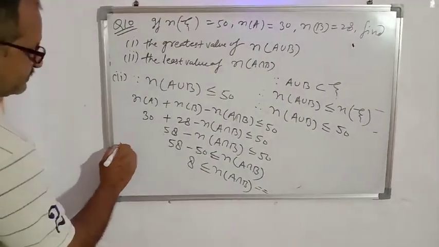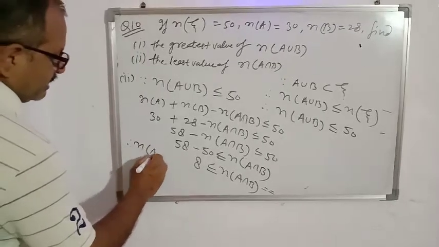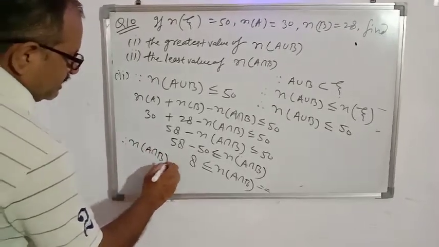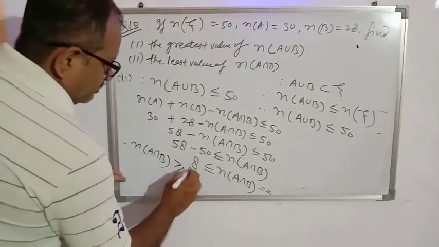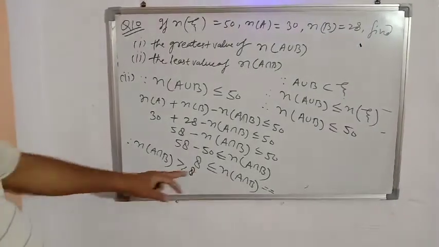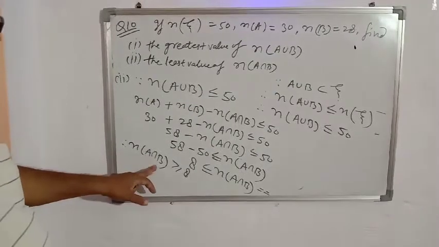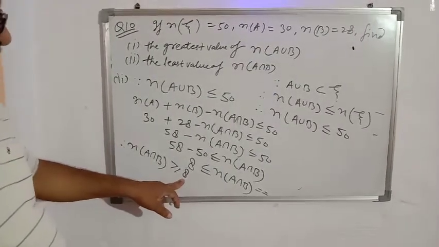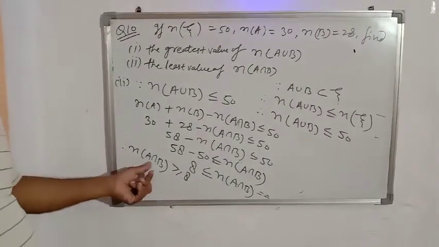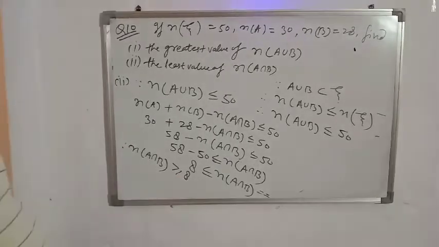It means n(A intersection B) is greater than or equal to 8. So what will be the least value? The least value will be equal to 8.